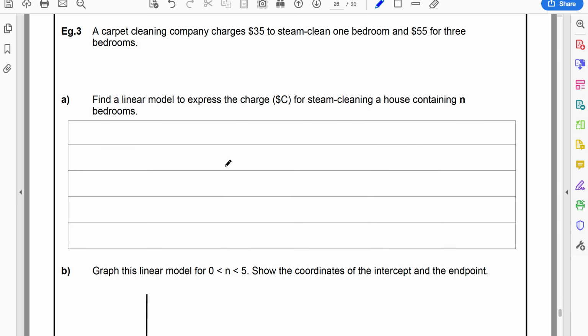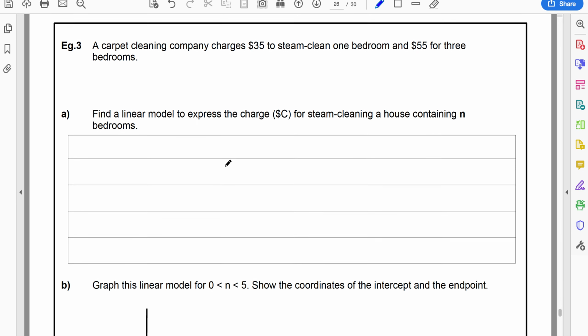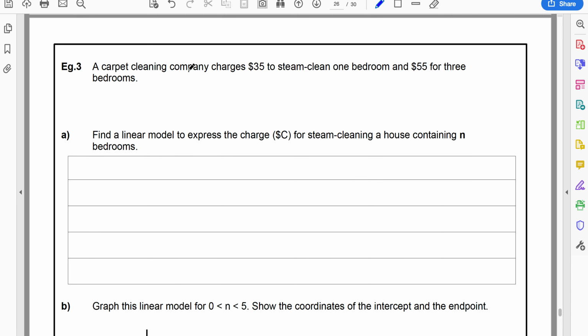This final one says that we've got a charge of $35 to steam clean a bedroom or $55 for 3 bedrooms. So since that's all we were told, we haven't been told anything about an initial cost. We have not been told anything about a price per bedroom.